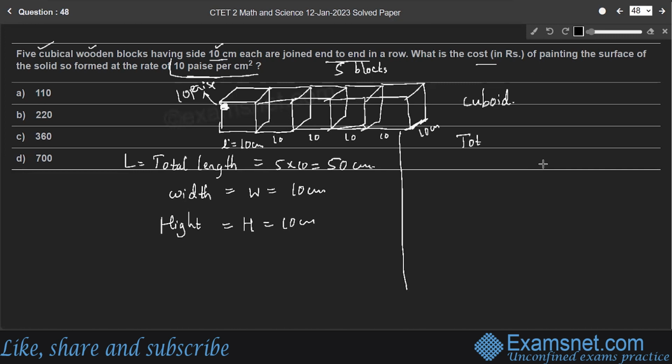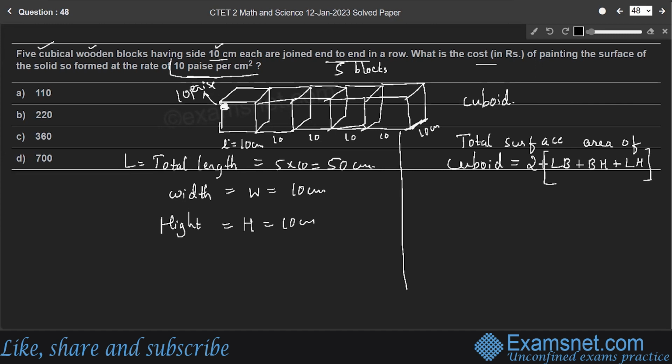So total surface to be painted, or surface area of cuboid. First, we have to find the total surface area of the cuboid. The formula says it is 2 times length into breadth plus breadth into height plus length into height.